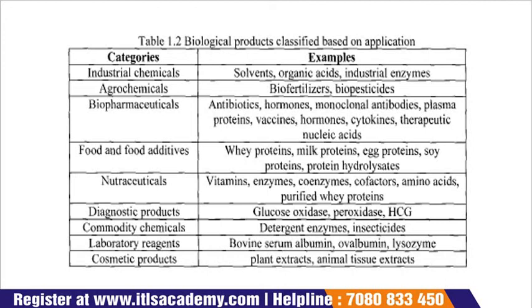The next category is commodity chemicals. The examples are detergent enzymes, insecticides. And the second last category is laboratory reagents. The examples are bovine serum albumin, albumin, lysozyme. The last category is cosmetic products. The examples are plant extracts and animal tissue extracts.